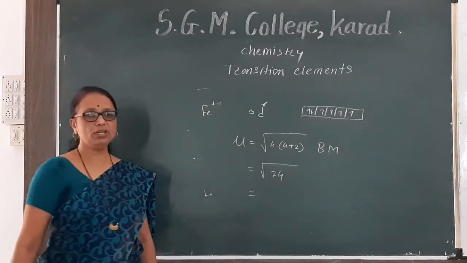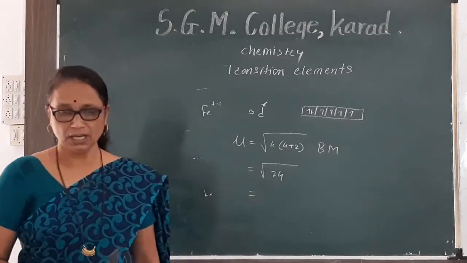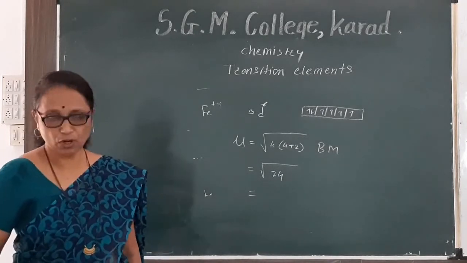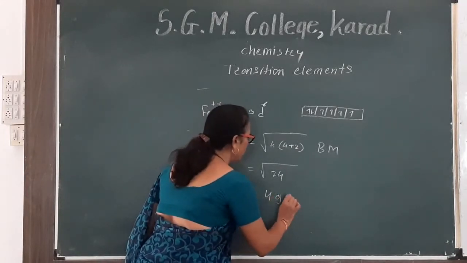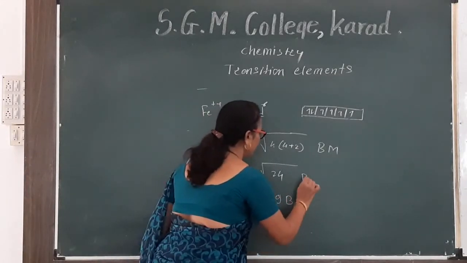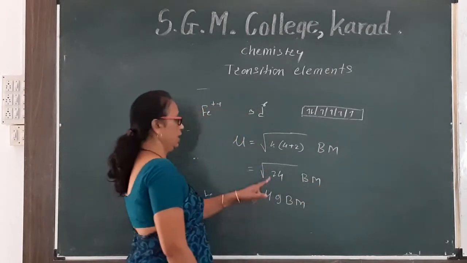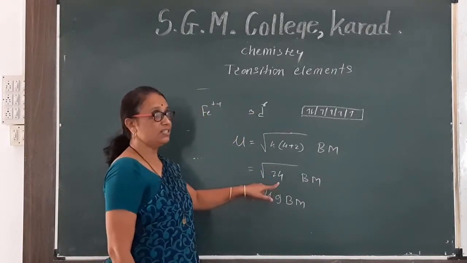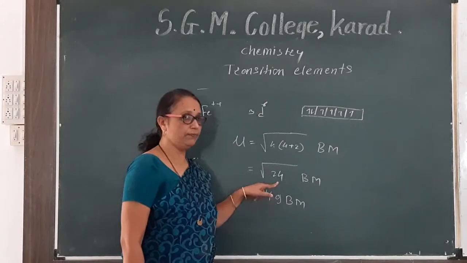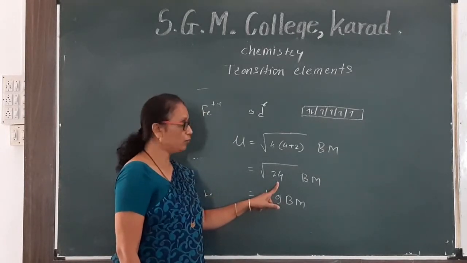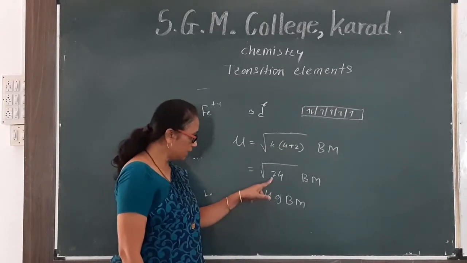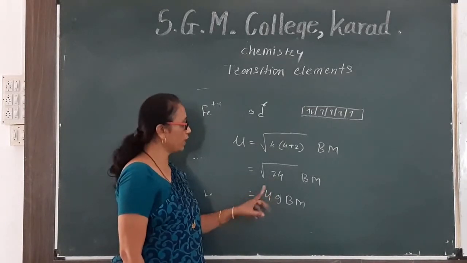Then by calculating this, under root of 24, it is 4.9 Bohr magneton. Remember, this is 24, means near about 25. Square root of 25 is 5, means answer should be near about 5.